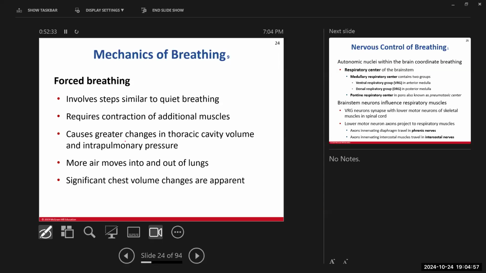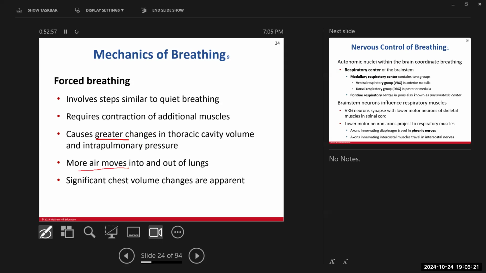So we have to increase that thoracic cavity volume even more. And when we do that, the pressure gradient becomes that much larger and airflow becomes that much more. So if you increase the pressure gradient, then you are going to change airflow.